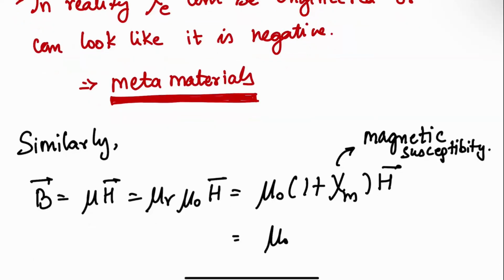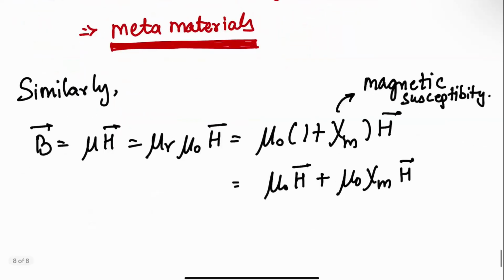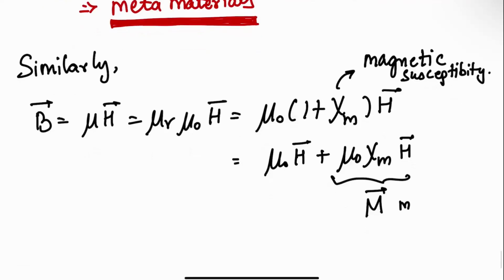Which is nothing but mu naught H plus mu naught chi m H. And this is the magnetization vector M. Magnetization vector. And that's the magnetic dipole moment per unit volume.